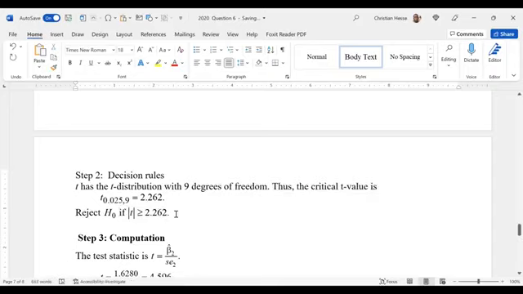Reject H naught if this is less than this, given the alternative. Please give me the alternative. Or retain H naught. Not accept, retain. Retain H naught if what?